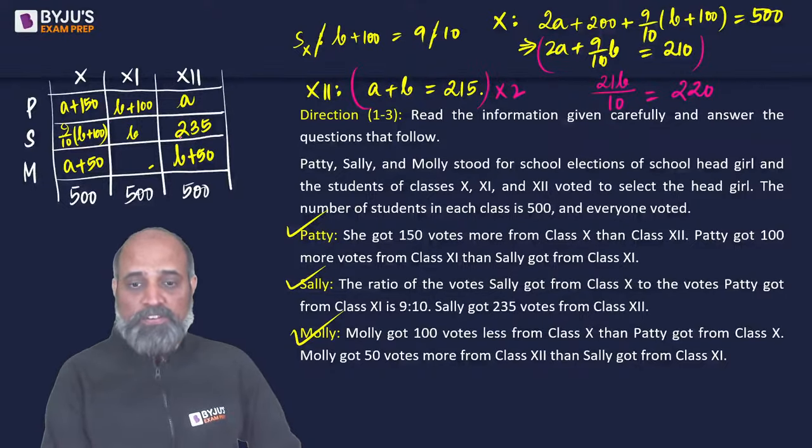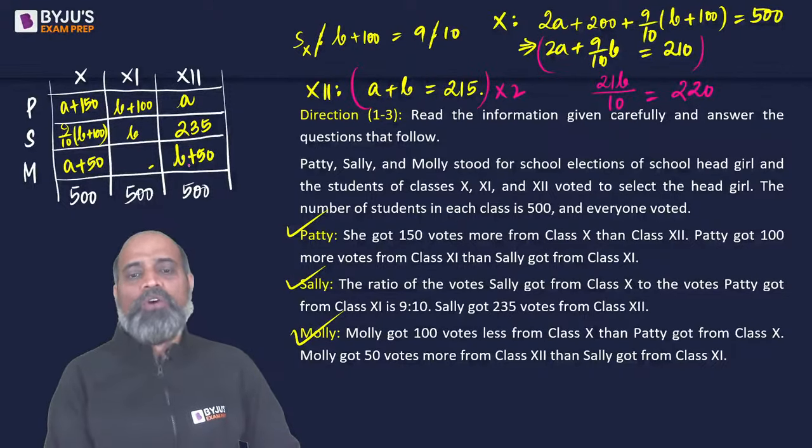Sally got 235 votes from class 12th. This is also fine. Molly got 100 votes less from class 10th than Patty got from class 10th. So A plus 50. Molly got 50 votes more from class 12th than Sally got from class 11th.